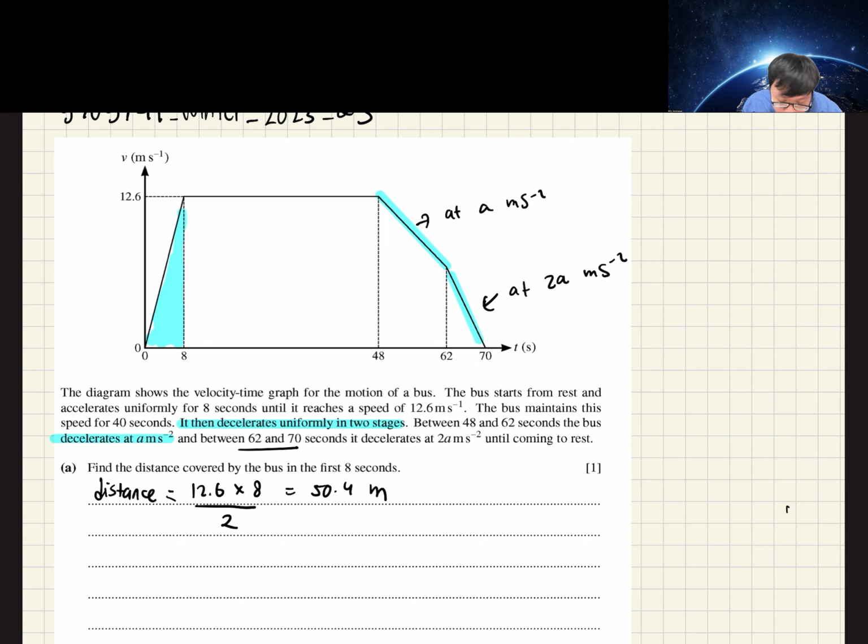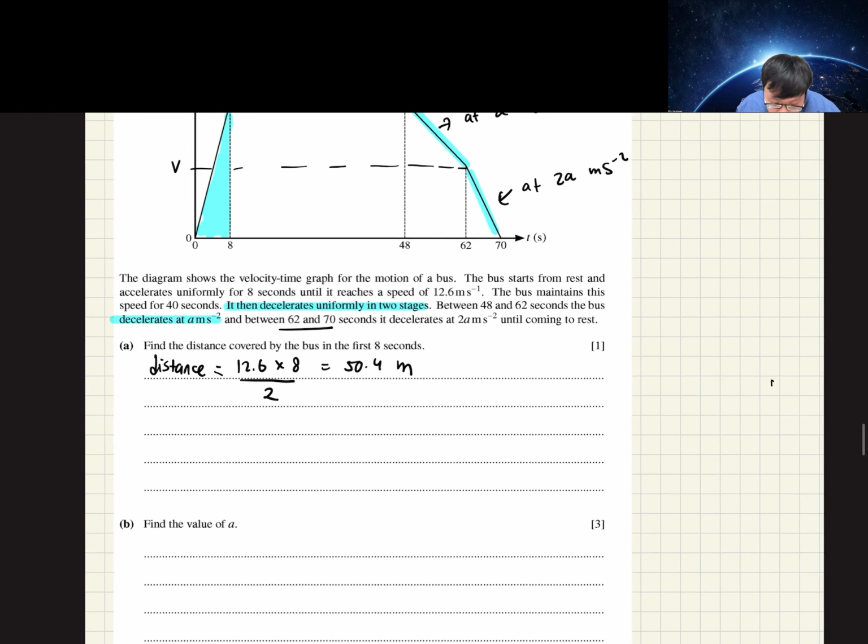First, we know that the velocity here is 12.6, and that will become the initial velocity when it decelerates. So U is 12.6 meters per second. After that, it decelerates, and at 62 seconds it reaches a certain velocity that we don't know, so let's say it's V. After that, it decelerates at 2A until it comes to rest.